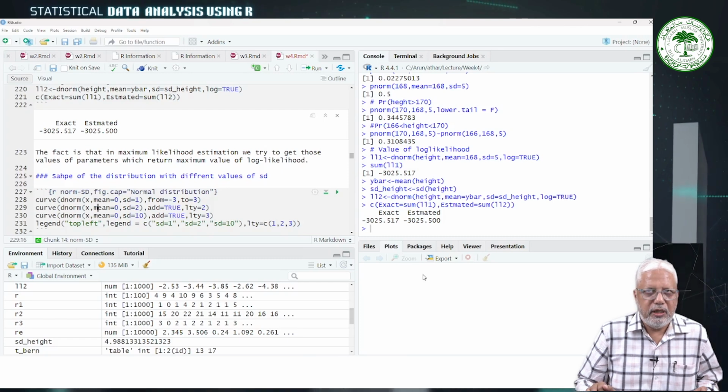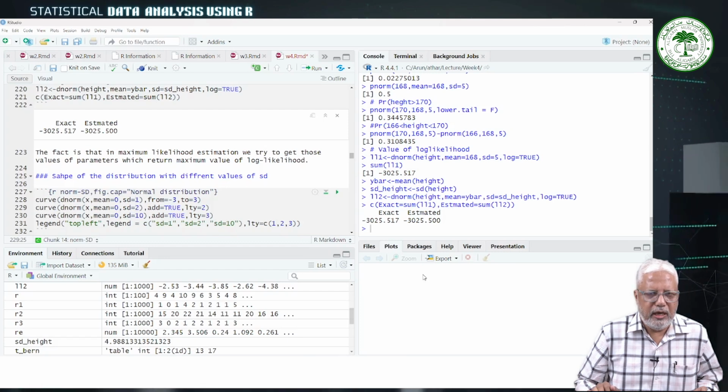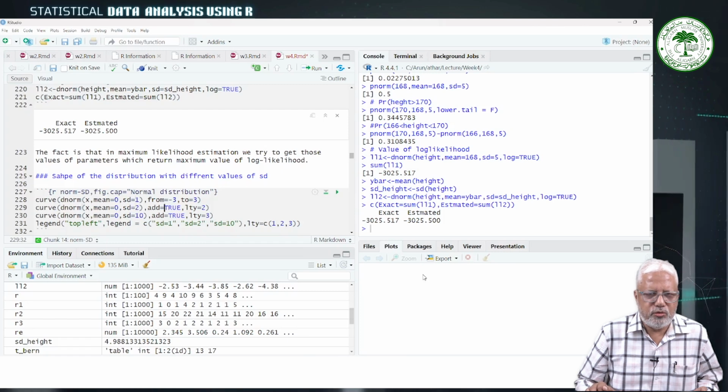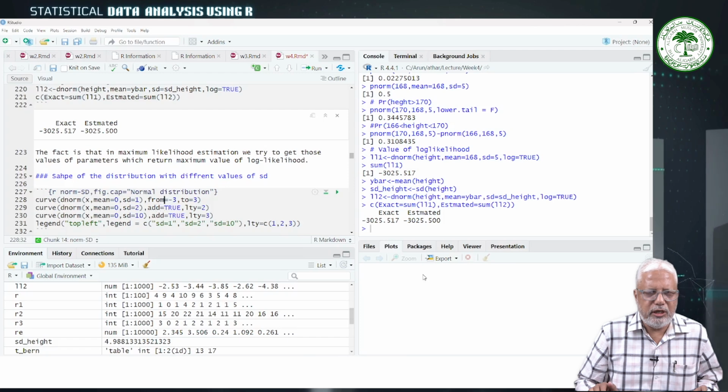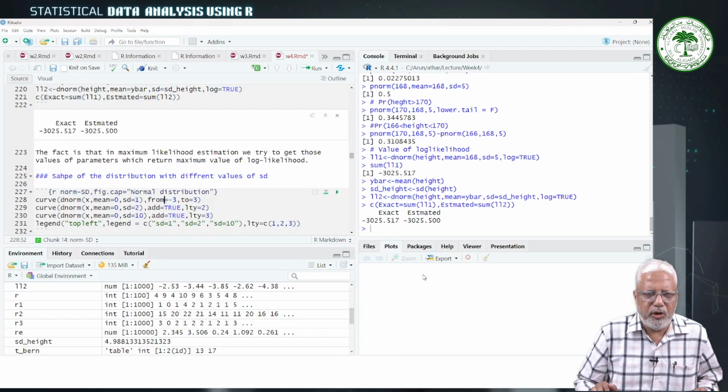So here SD is not 1, it is 2. And then add equal to TRUE, because otherwise this will generate a new plot, and we want to add a curve with SD equal to 2 on the same plot.